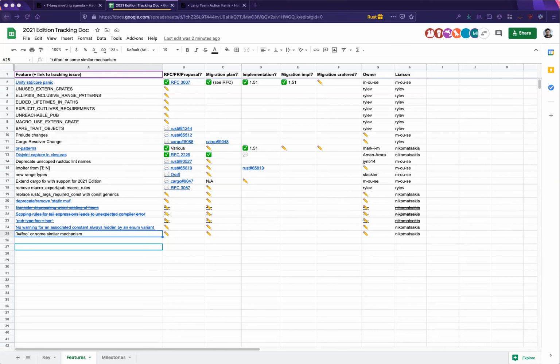So if we decide we want to do yeet, but we haven't reserved the keyword yet, we can say we've agreed that this will be the keyword in the next edition. On any edition that supports k hash, you can use k hash yeet and it will work. Then when you migrate to the next edition that actually has the keyword reserved, cargo fix will remove the k hash for you.